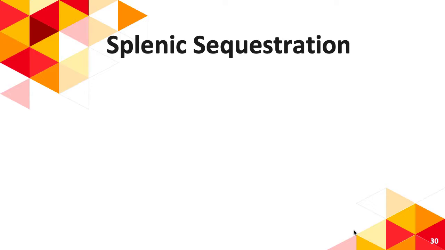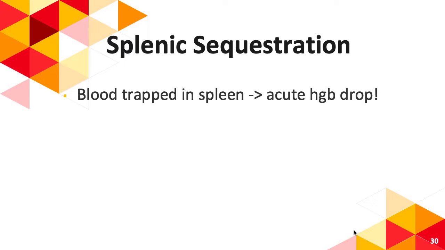Last part here, splenic sequestration. Somebody tell me what splenic sequestration is? Nobody knows, huh? All right, very good. So Colin says your spleen consumes all your red blood cells. Exactly.